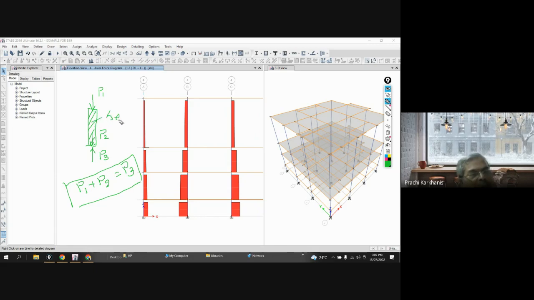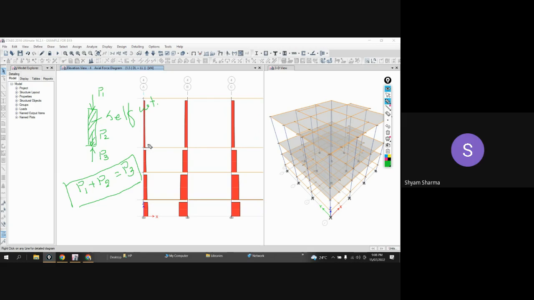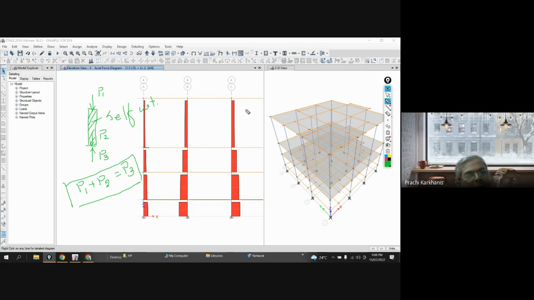So I will say that P2 is equal to self weight. Right? Clear? Yes, sir. You can check it with other conditions also. But if you place the load rightly, you will get the equation correct.